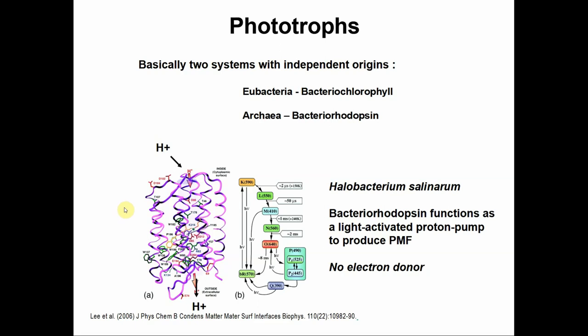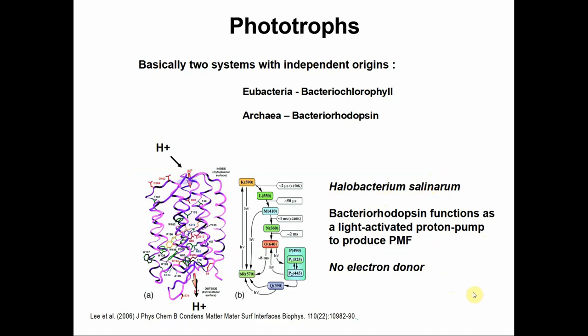So if you remember, the main drawback or the main limitation of fermentation as a means of generating metabolic energy is that it doesn't generate enough ATP, okay? So that helps us understand the role of bacterial rhodopsin and this photosynthetic pathway in the metabolism of Halobacterium salinarum.